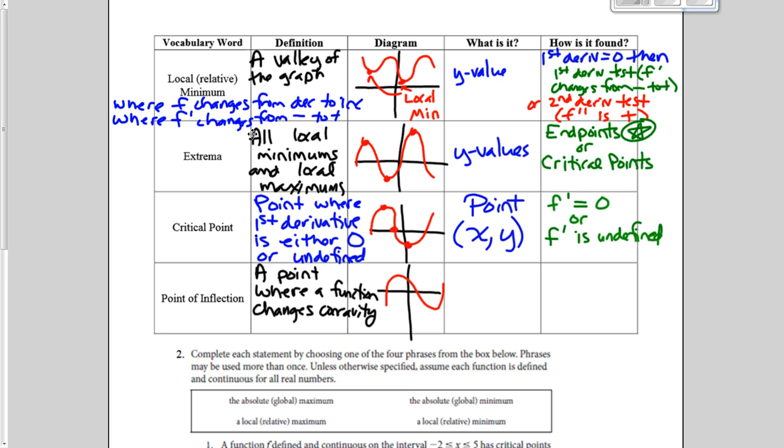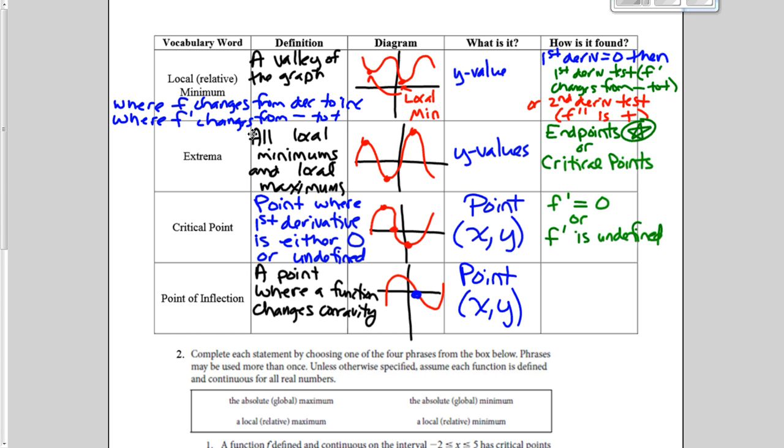So in this picture right here, I'm estimating the point of inflection to be about right there, where my function is changing from concave down to concave up. And again, what is this thing? It's a point. So it's an x comma y.